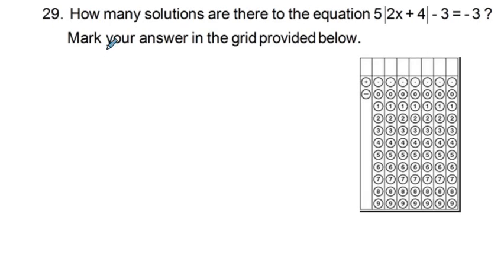Now, how many solutions to an absolute value equation are there? Well, there are really only 3 possibilities. You can have 0 solutions like this.